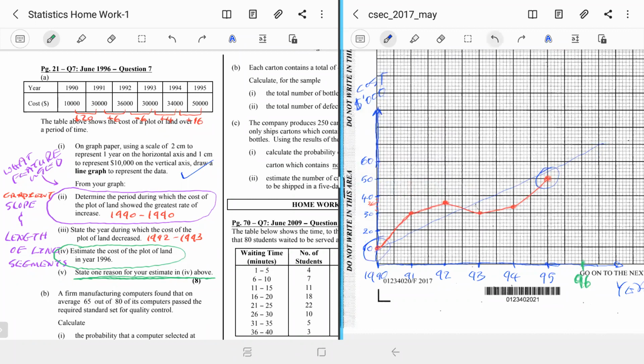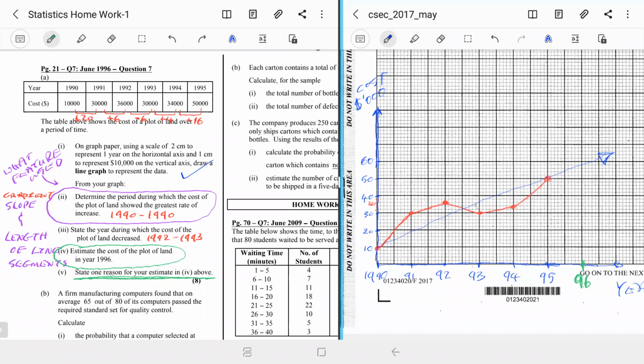Even though it has hiccups along the way, a hiccup here and an almost flat section there, even if it came down here and then went back up, looking at the overall picture, you can see that it is trending upwards overall. That's the first thing. So you expect it to increase, because it is trending upwards if you just look at the graph.